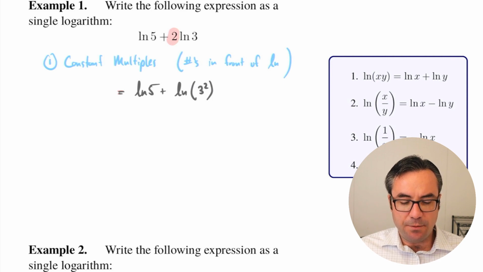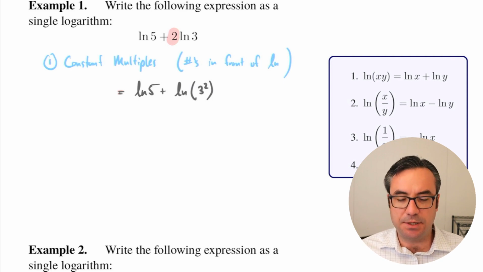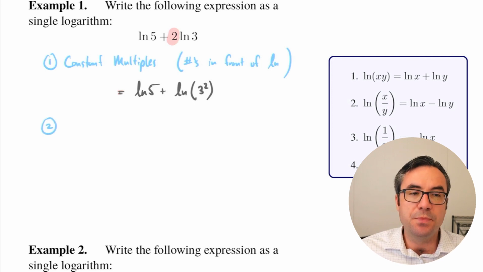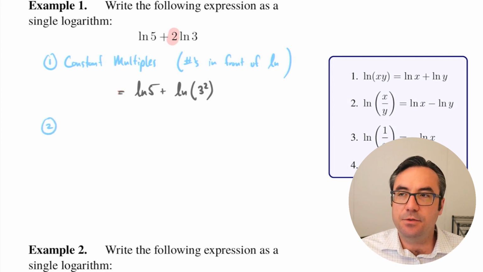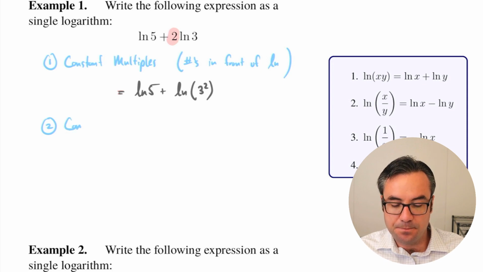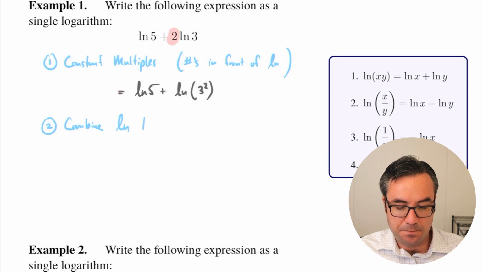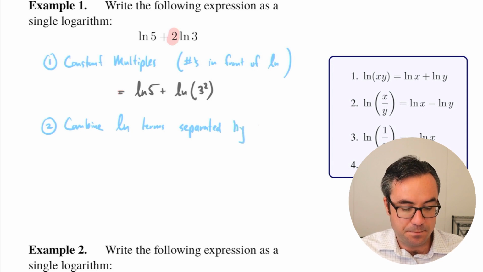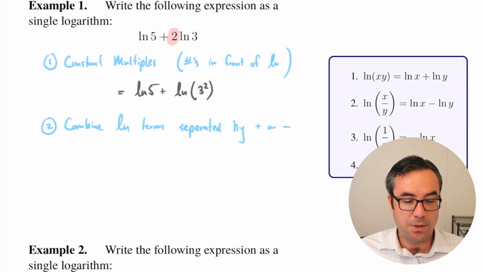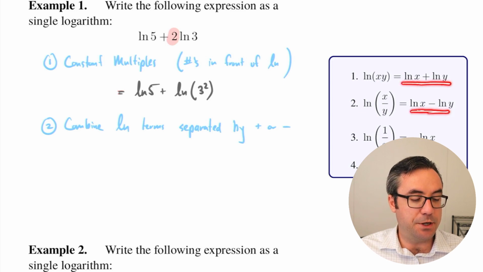All right, so once we've dealt with all the constant multiples, the next thing we want to do, step 2, is combine the log terms that are separated by either addition or subtraction. And for those, we would use either property 1 or property 2.